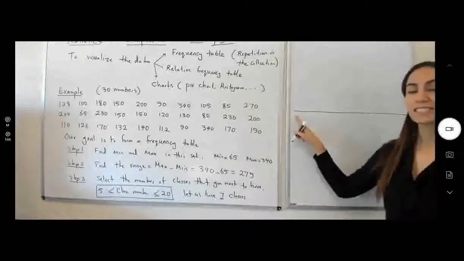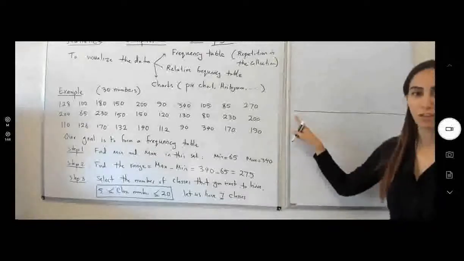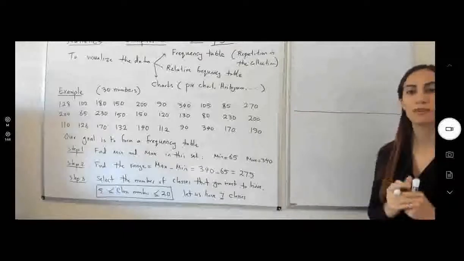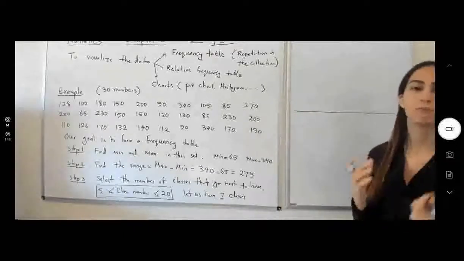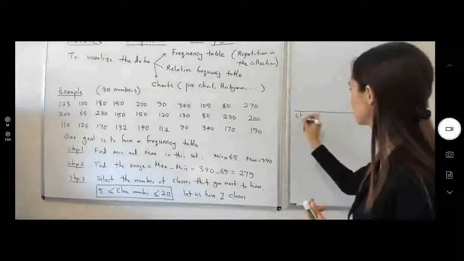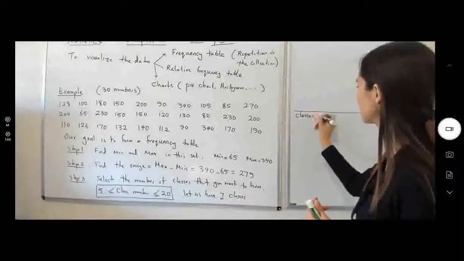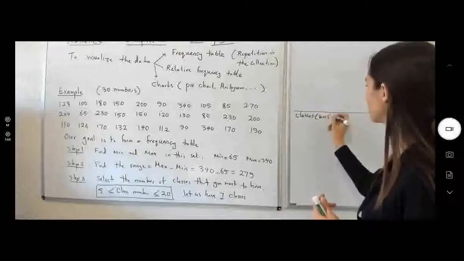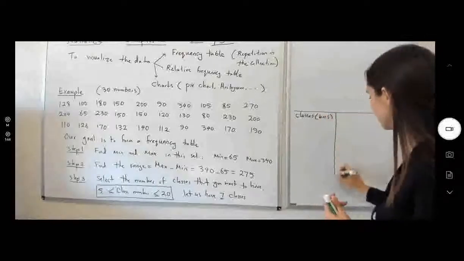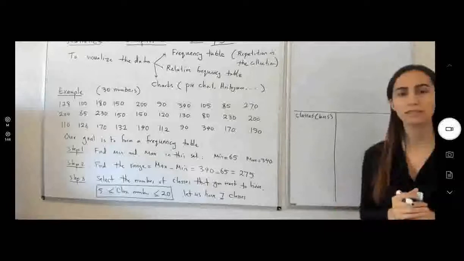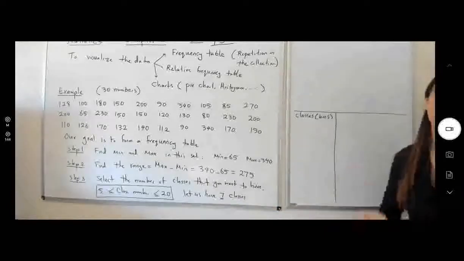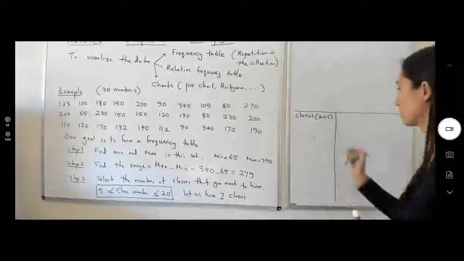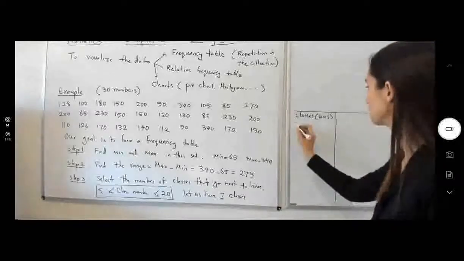So since this is a table, you're going to have the first column. Your first column is going to be classes, or we call them bins. Classes or bins. How many classes? You already know that it's going to be 7 classes. You select the 7. Okay, your first class.